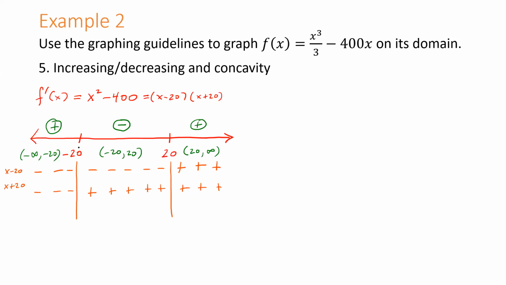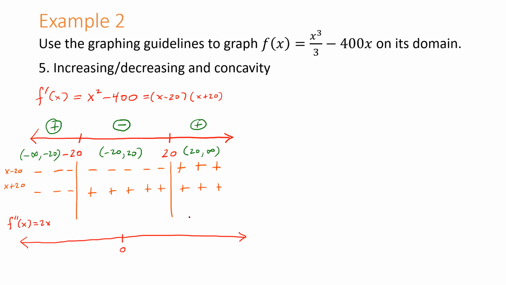Okay, so that tells us something. While we're at it, let's also make a sign chart for f double prime. Maybe I can squeeze it under here and we can think about how these two go together. Remember, f double prime was 2x, and that was equal to 0 when x is 0.